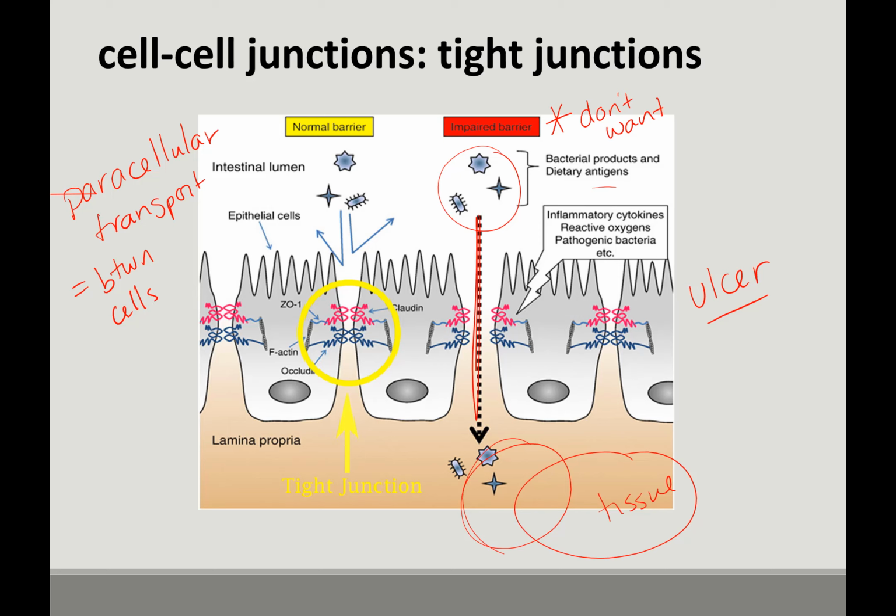So right here, or right here for small ions, small molecules, versus going through a cell, right? We've talked about endocytosis to exocytosis, things like that. Paracellular is that movement between cells. Okay? So you want to be able to control this, and you don't want that to happen.